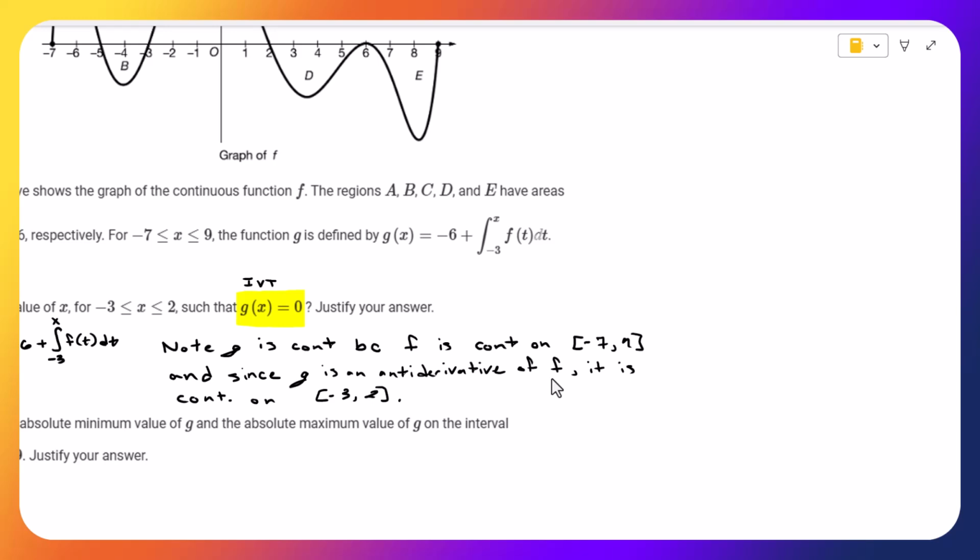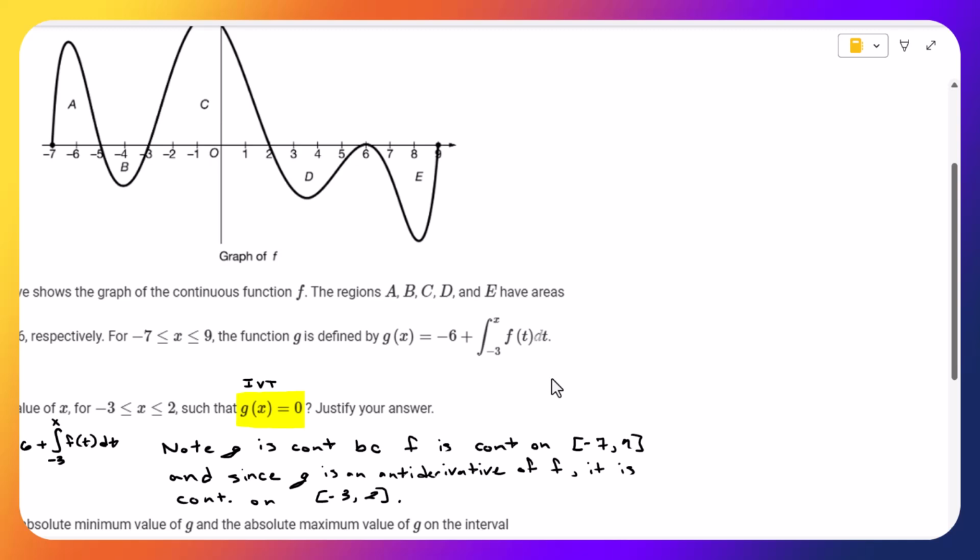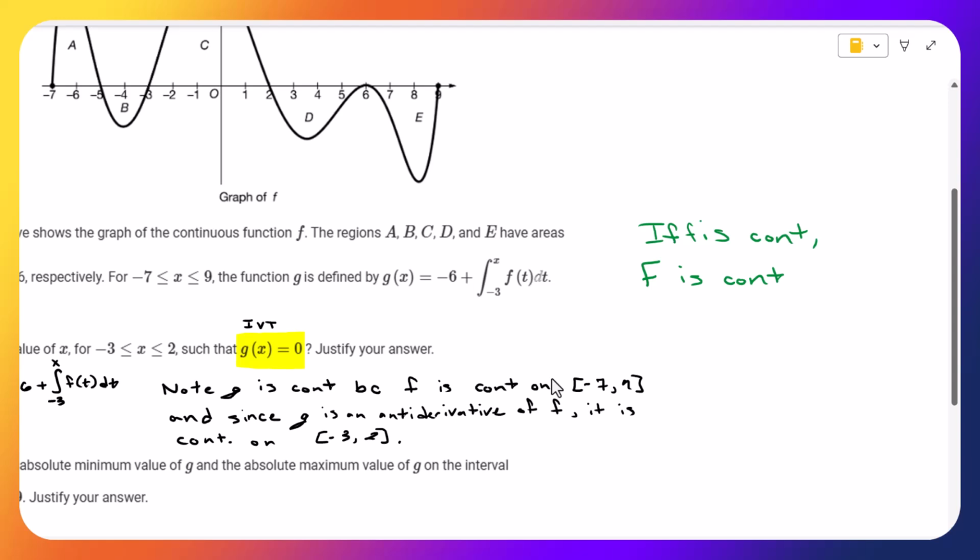If f is continuous, so if a function is continuous, that means that the antiderivative is also continuous. So that's the connection we kind of need. I don't like how I wrote this, if f. It looks kind of like if and only if. So if f is continuous, its antiderivative is continuous.